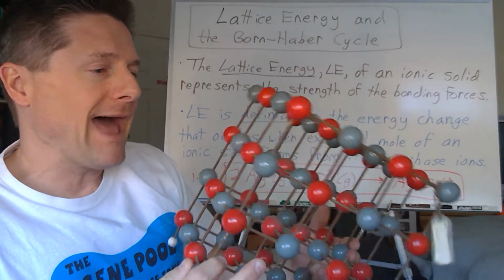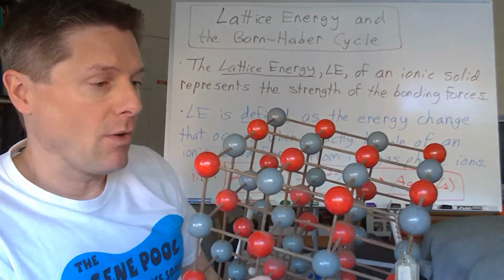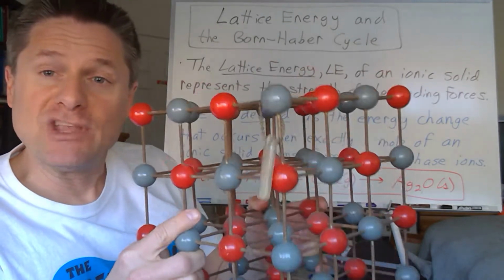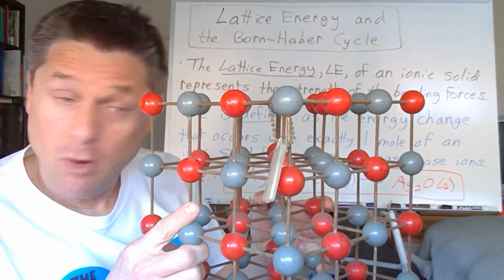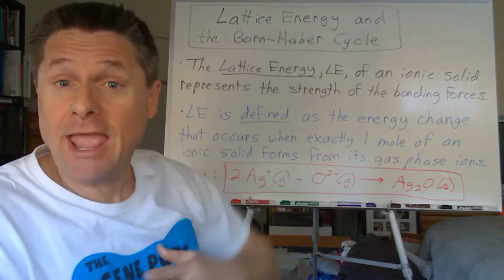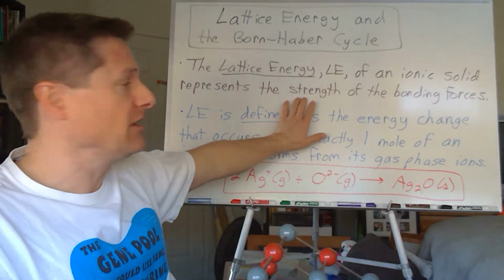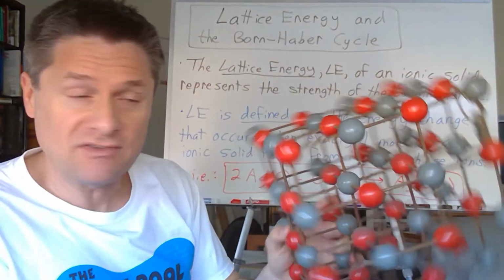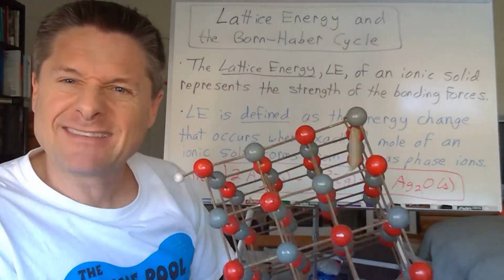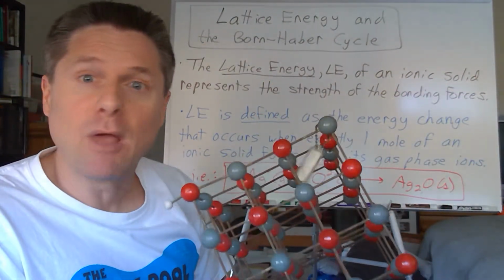What I want to look at is the energetics of this. So obviously, what would the energy be in forming this? We call that the lattice energy. And it's a great representation of the strength of the bonding forces. We're going to be able to relate lattice energies to things like solubilities, melting points, et cetera.